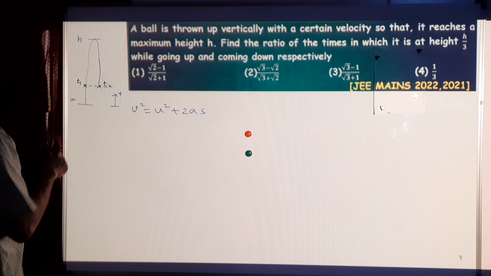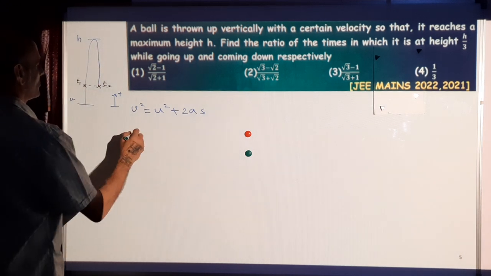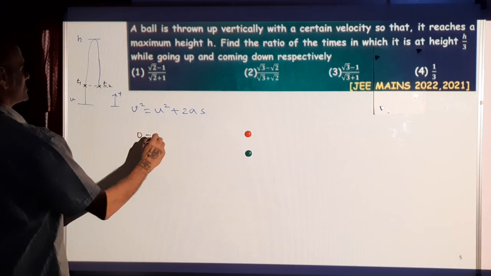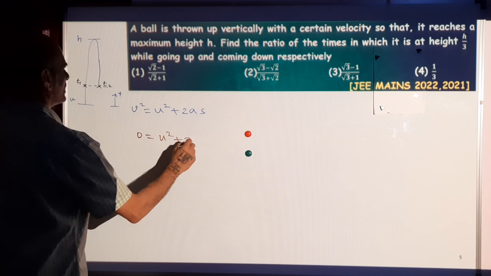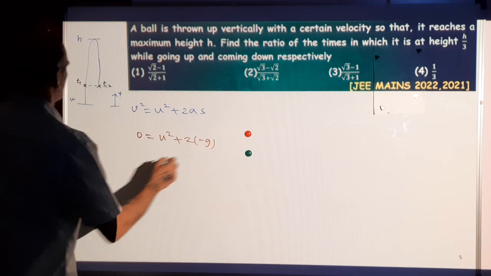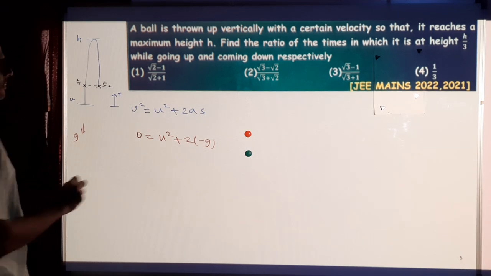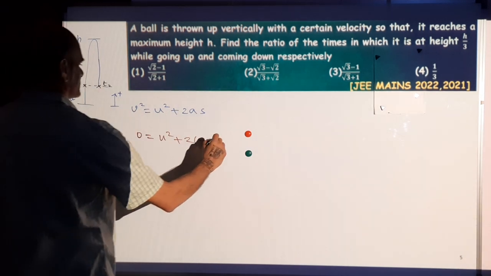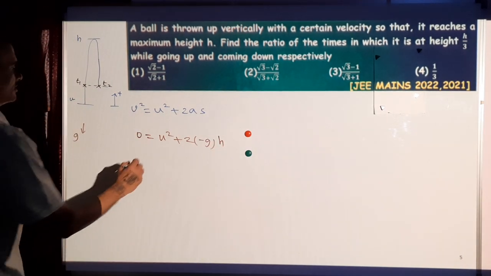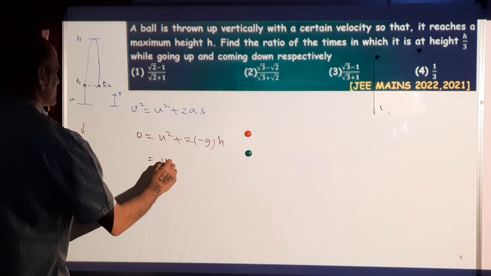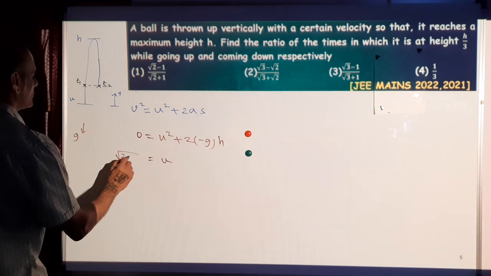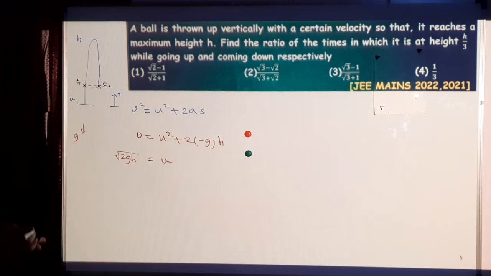So between these 2 points, v is 0, u is this u, acceleration is minus g because earth is pulling it down, upward direction is positive, and s between these 2 points is h. From this the initial velocity u is square root of 2gh.